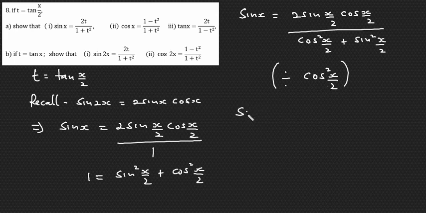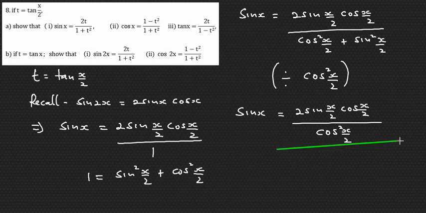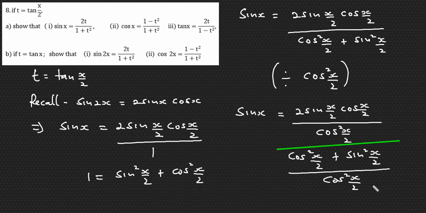So sin x is going to be 2 sin x by 2 cos x by 2 divided by cos squared x by 2. Then down here we have cos squared x by 2 plus sine squared x by 2 divided by also cos squared x by 2. So I have not changed.